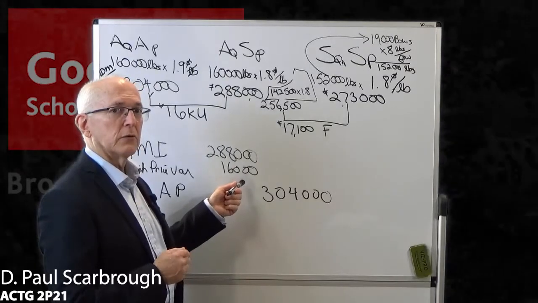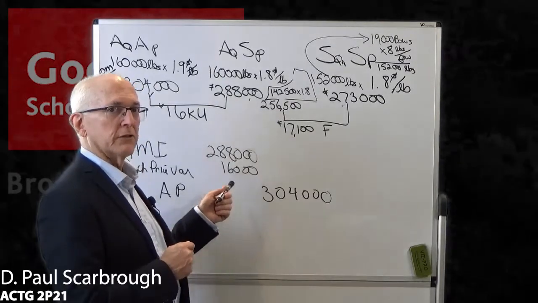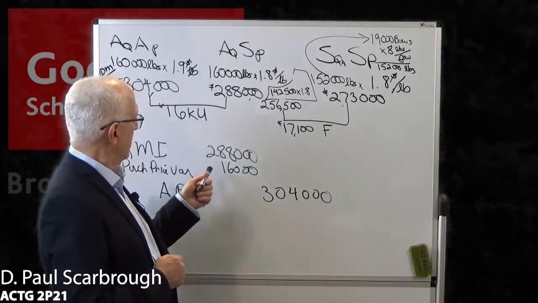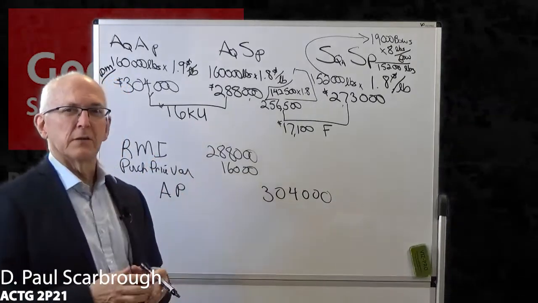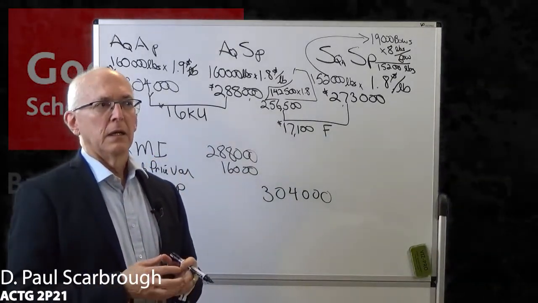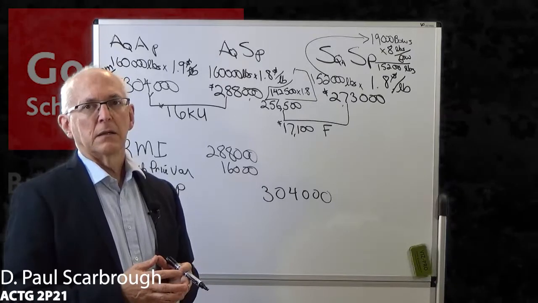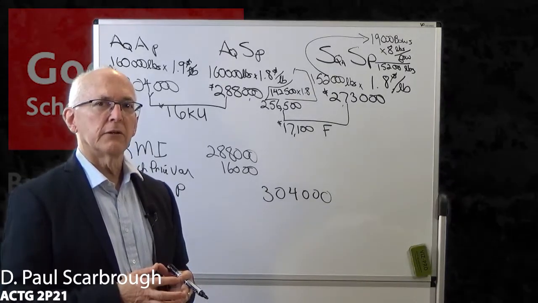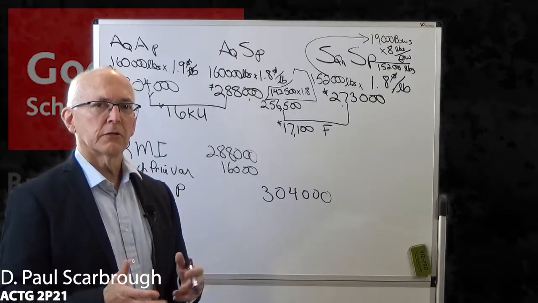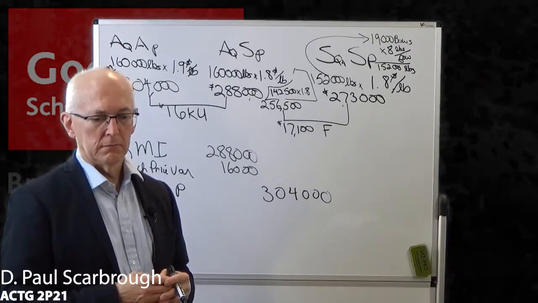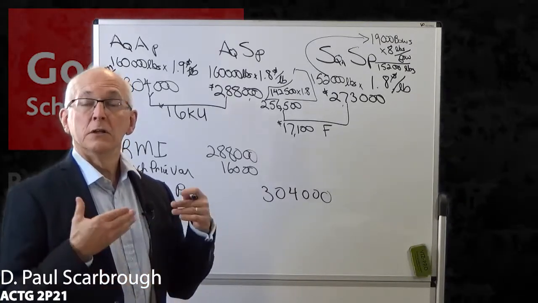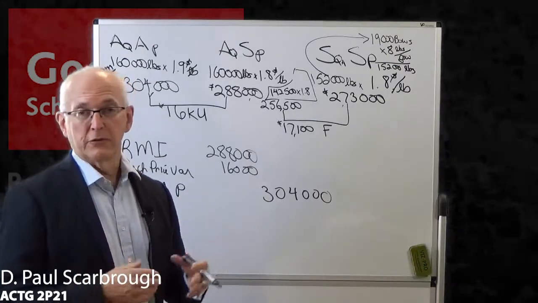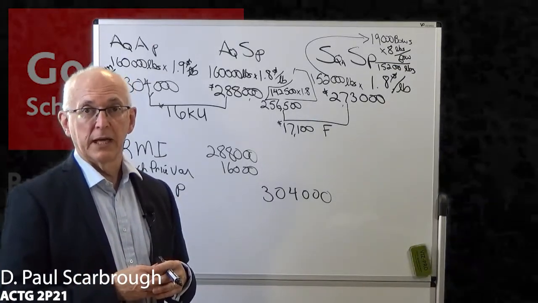After I ask the question, pause for a minute and think about your answer before you continue the video. RMI is an asset, right? If we have an asset, how do we increase the value of an asset, with a debit or credit entry? Okay. So your answer is with a debit entry is how we increase the value of an asset.